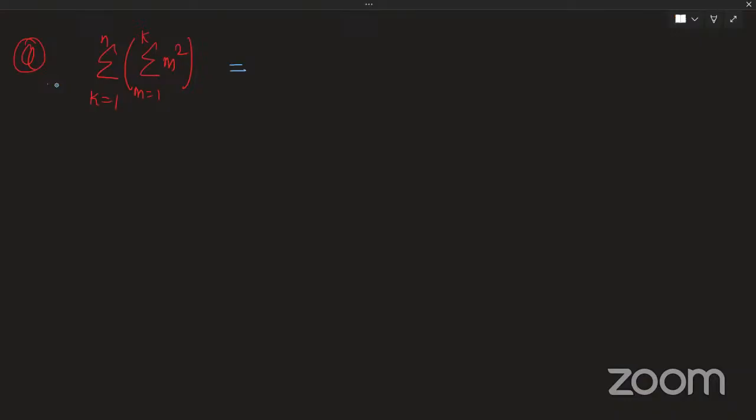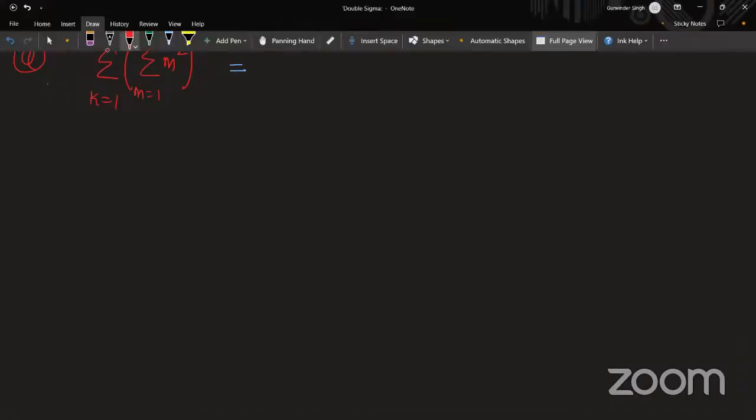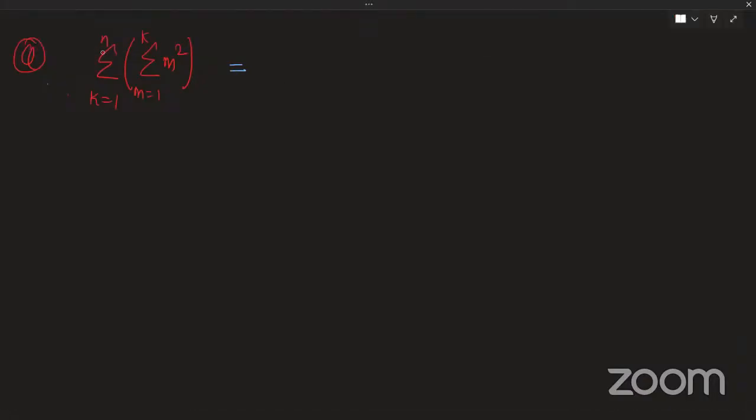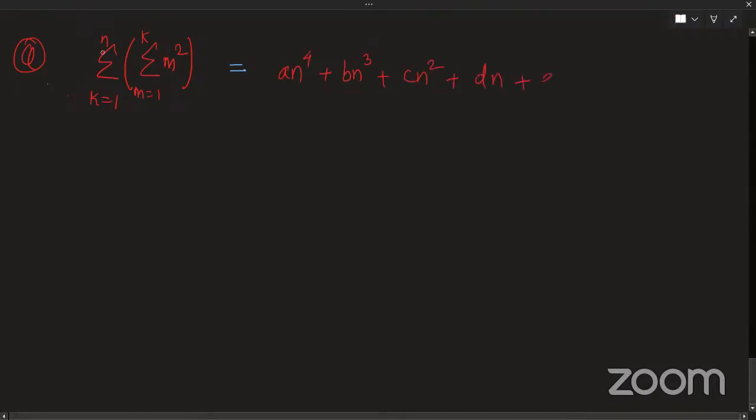N variable, sir. My final answer will be in n, right? Because my outermost bound is in n. So the question is basically trying to say that the final function that you get will be something like this: an raised to 4 plus bn cube plus cn square plus dn plus e.